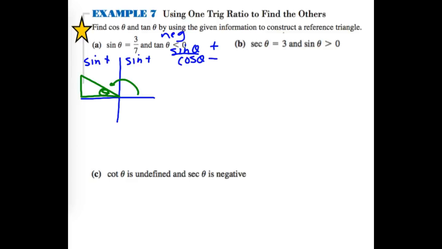We're told the sine is 3/7. That means I have two of my sides that I can label on my triangle. We said sine was y over r. So 3/7, my y coordinate would have to be 3, and my r value would have to be 7. Does that make sense? Okay.